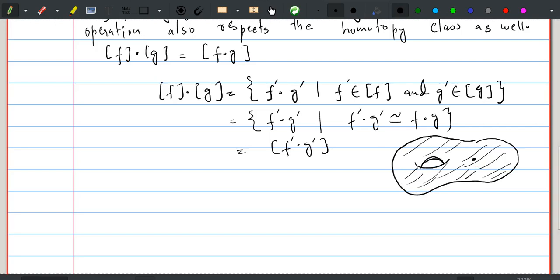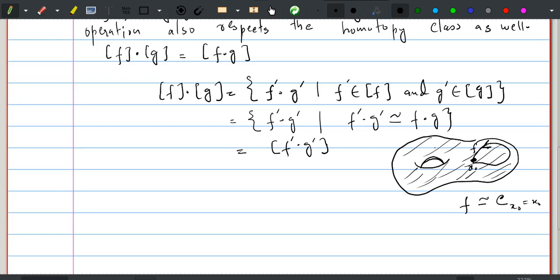If we have a loop here, since we can contract this loop F to this point, say this is point x naught, we can say that this loop F is homotopic to the constant loop at x naught.